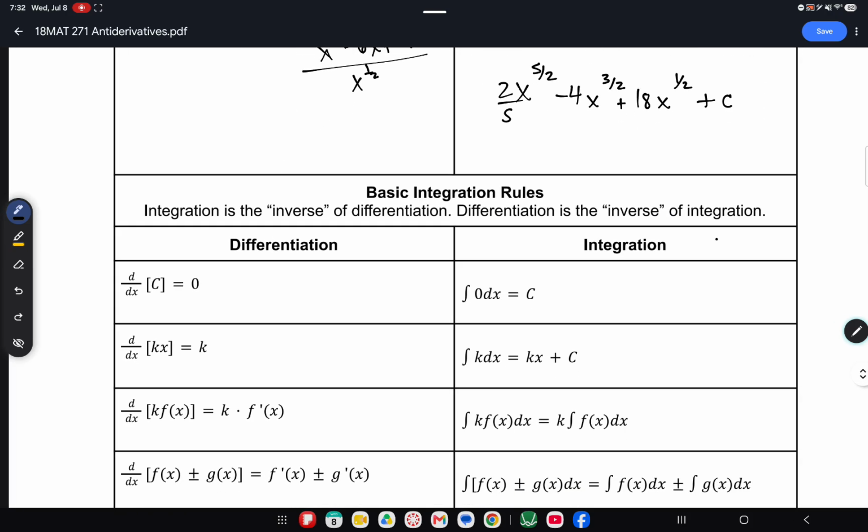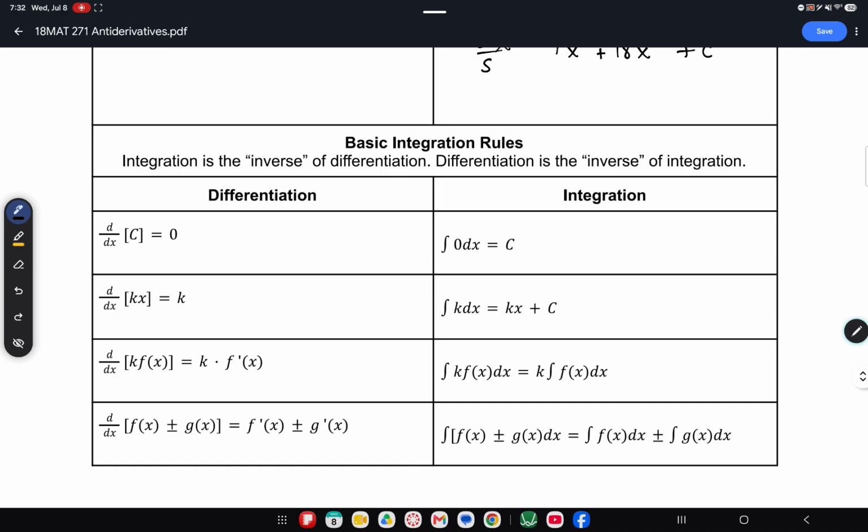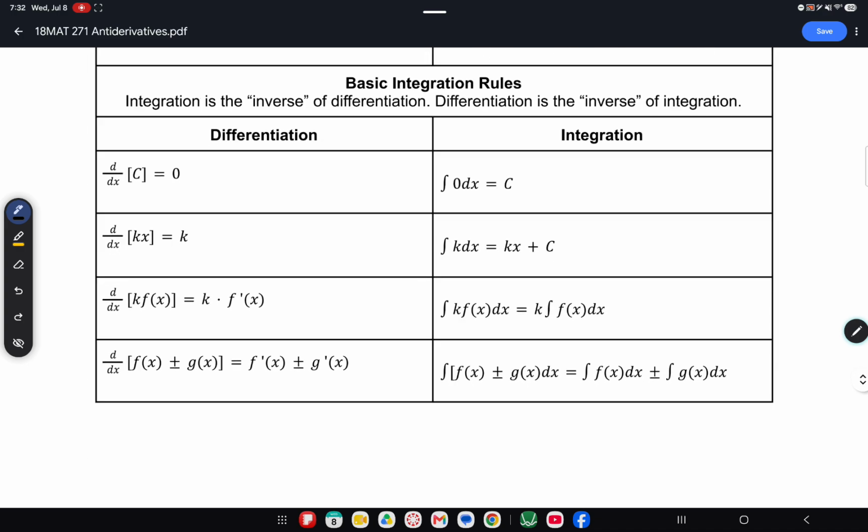Okay. So I have the derivative rules on the left side, and then the right side are the integration rules. Okay. So I'll go through some of these. If we have nothing here, then when we do the integral, we get just c.